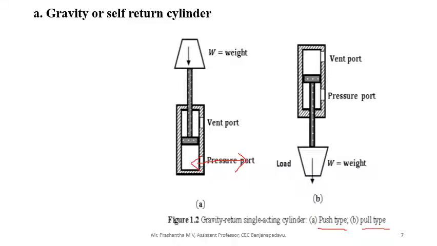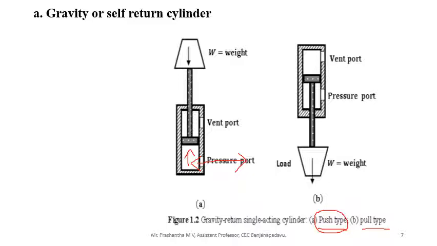See what it means. Here the fluid acts on the piston and it travels upward, so it lifts the weight or pushes the weight. So here the piston travels against the weight, so it pushes the weight or lifts the weight, hence the name push type cylinder arrangement.